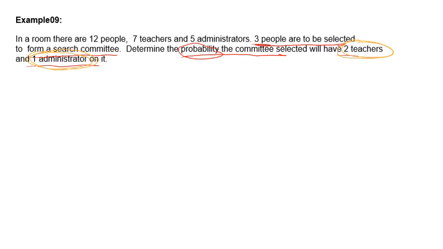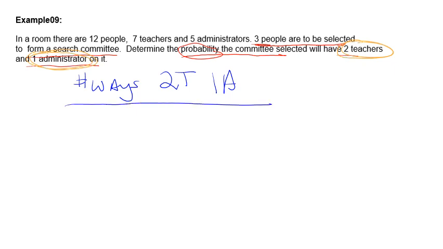Well, the probability we choose 2 teachers, 1 administrator is the number of ways we get 2 teachers, 1 administrator. The probability then is, the denominator is the number of ways we just simply pick 3 people, right? Well, if we need 2 teachers, the 2 teachers have to come from the 7 teachers.